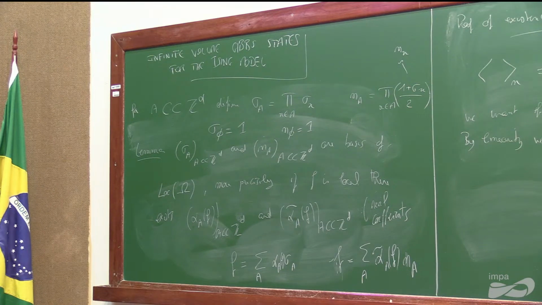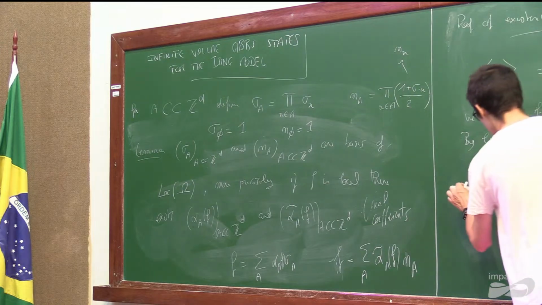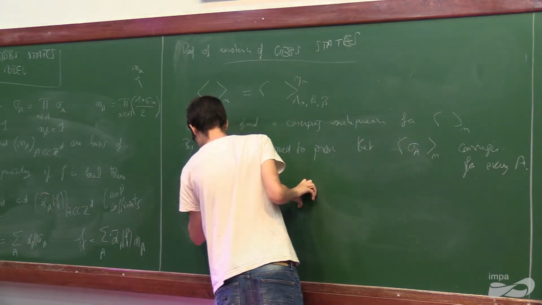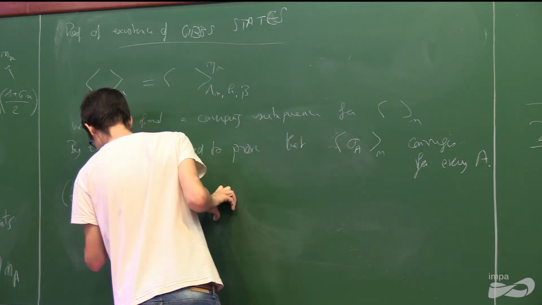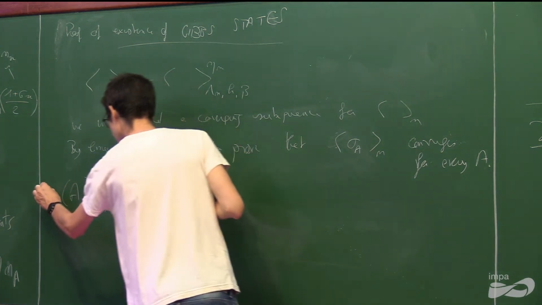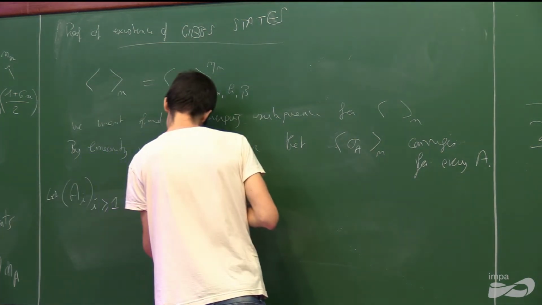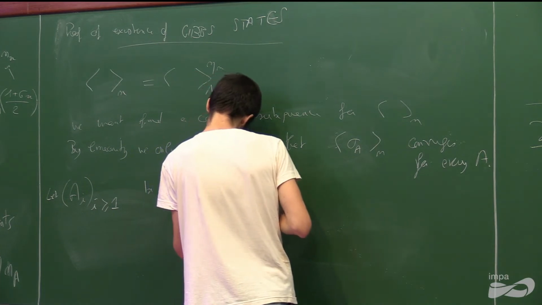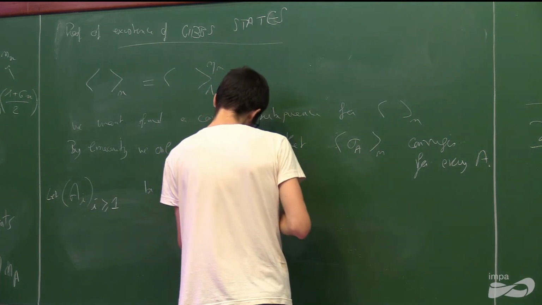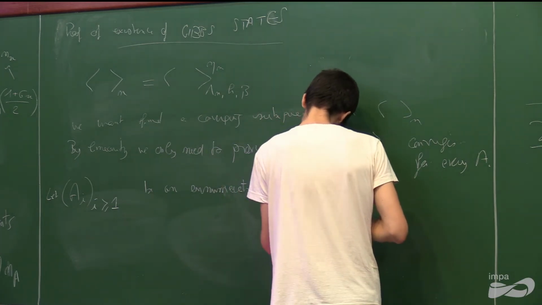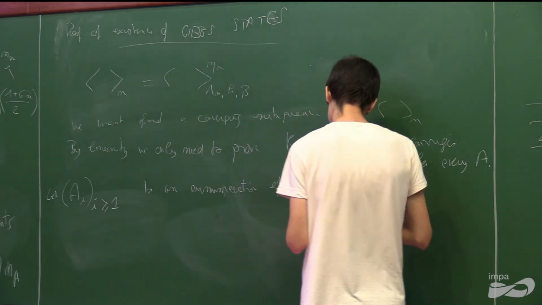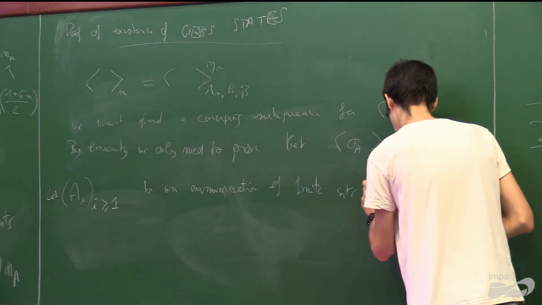Okay, so now what I'm going to do is start with an enumeration of the set of finite sets of Z^d.